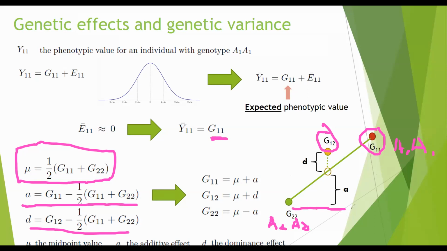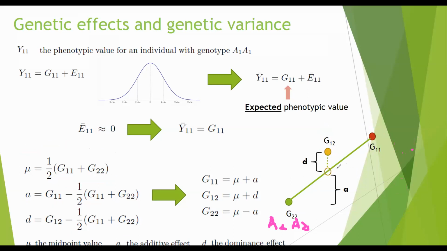So we define the difference between A1 and A2 as 2A. And the deviation of the heterozygous phenotypic value from the midpoint is the dominance effect. So this is how we define this. And so pay attention.